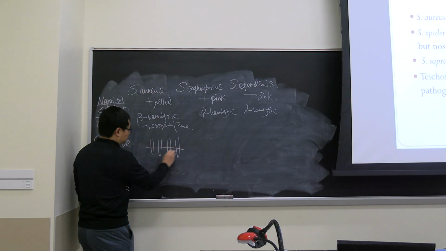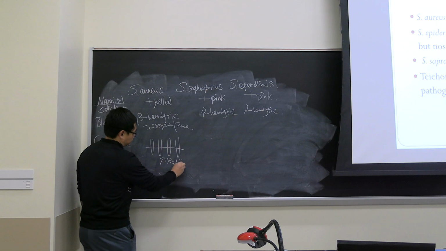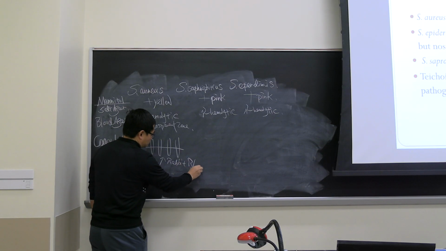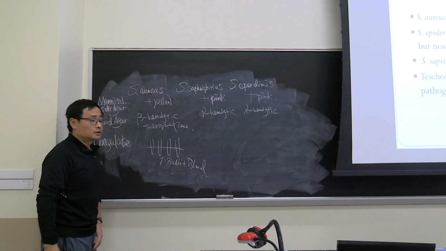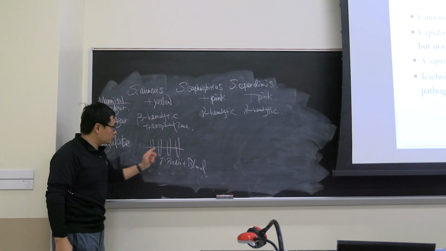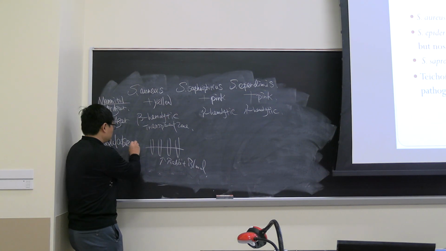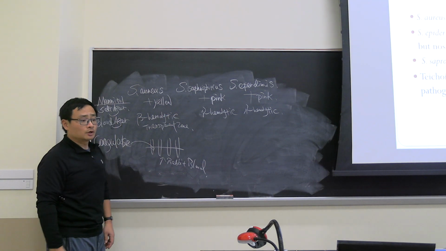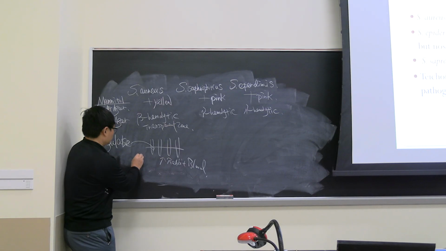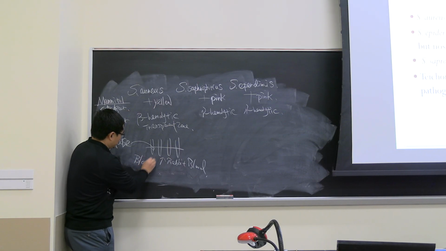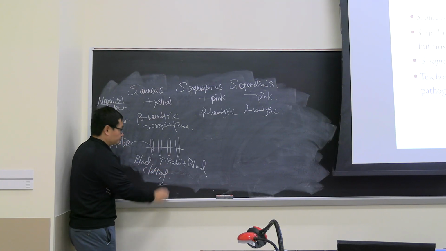We add rabbit blood. Then we inoculate it with these bacteria. We put them, and we test coagulase. What does coagulase mean? Blood clotting. Or blood will be glued.